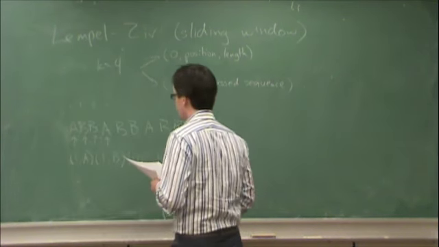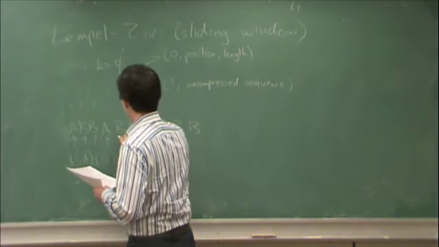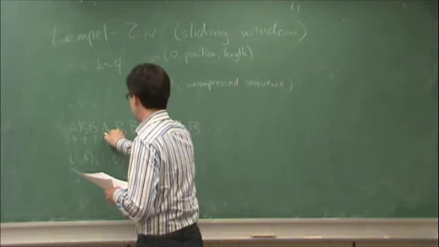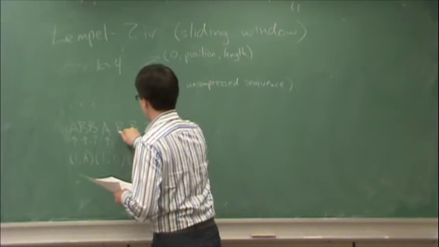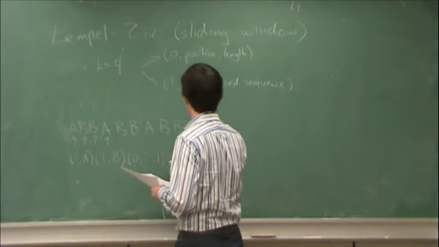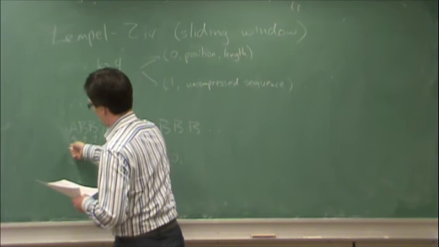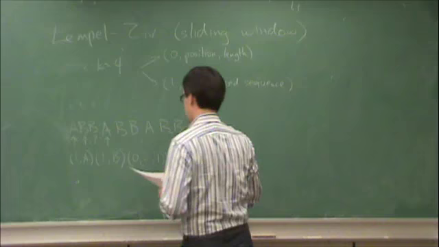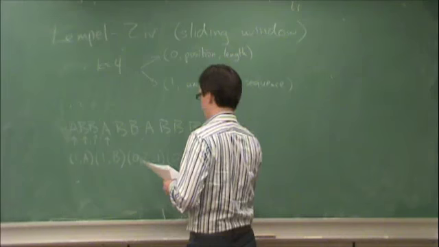Now I'm here. A has occurred before. AB has occurred before. ABB has occurred before. But ABBA has not occurred before. So now I can compress this sequence that has occurred before. The starting position is 1, and length 3.